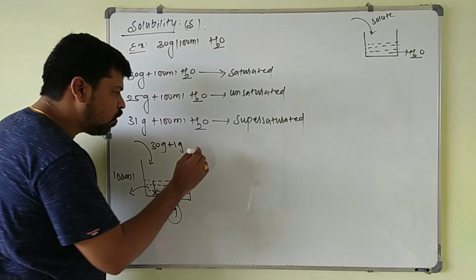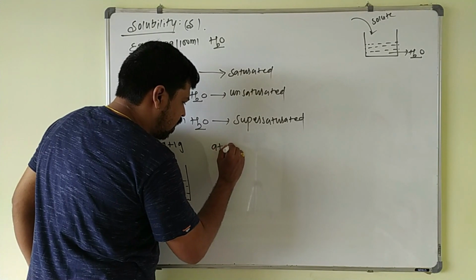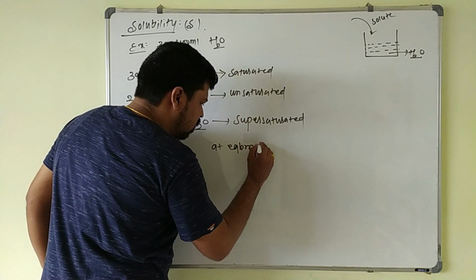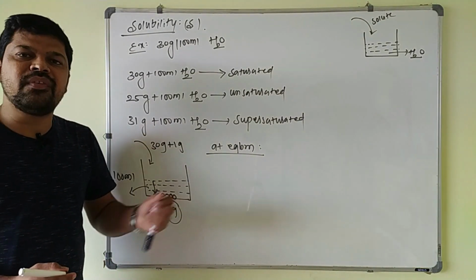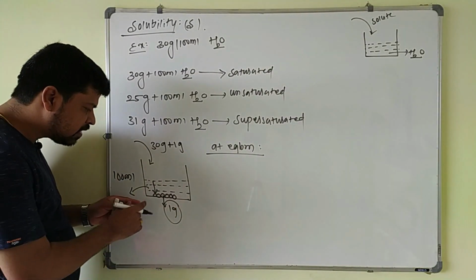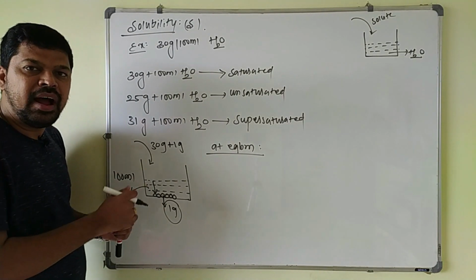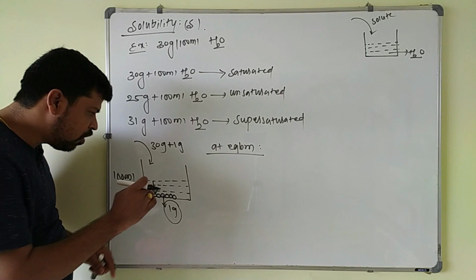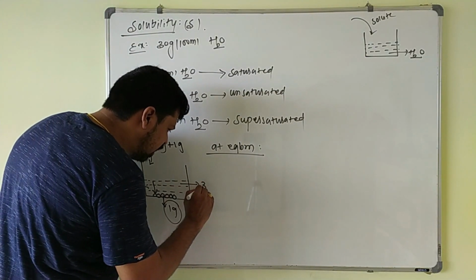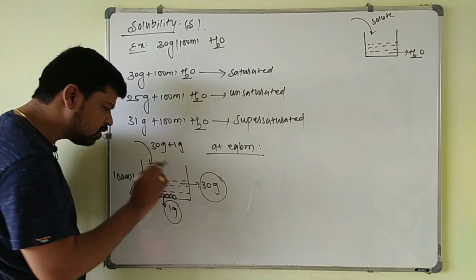So at equilibrium, the rate of crystallization and the rate of dissolution are equal. The number of particles coming out of the solution and the number of particles going into the solution will be equal. So constantly 30 gram of the solute is maintained in the solution.